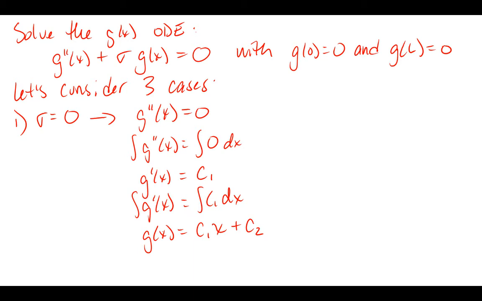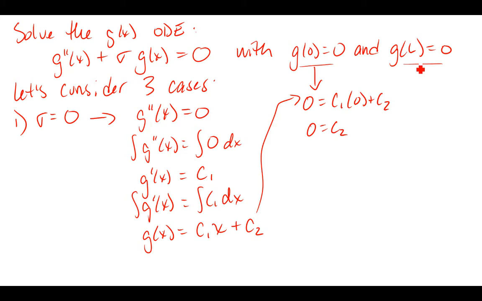Okay, well let's solve for c1 and c2, because we got these initial points that we could use. So if I do this, I'm supposed to get 0 when I plug in 0. Okay, so that tells me c2 is 0, right? So I'm halfway there.